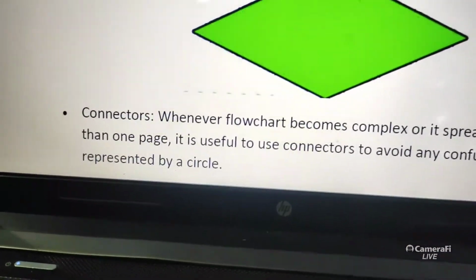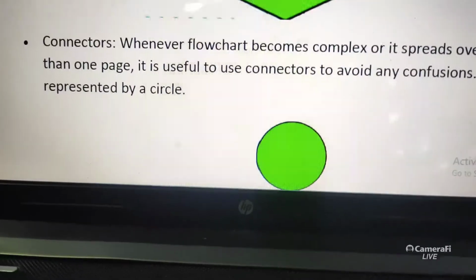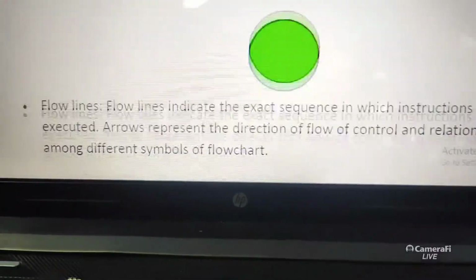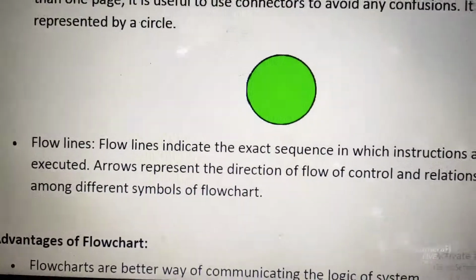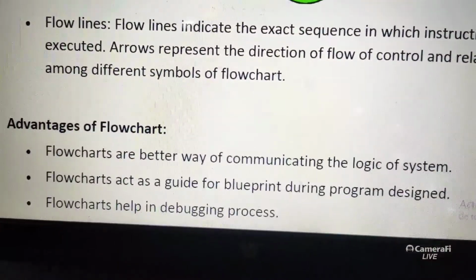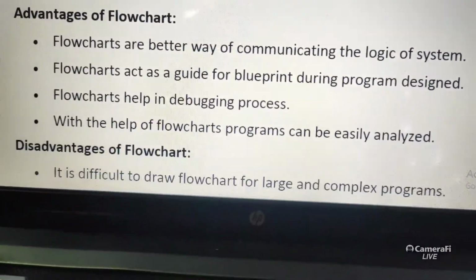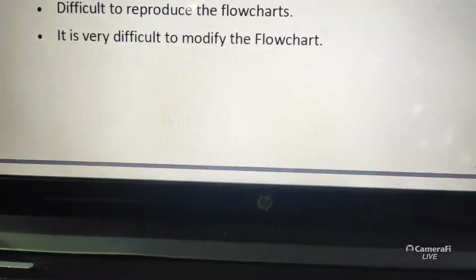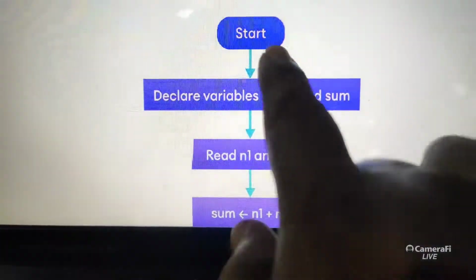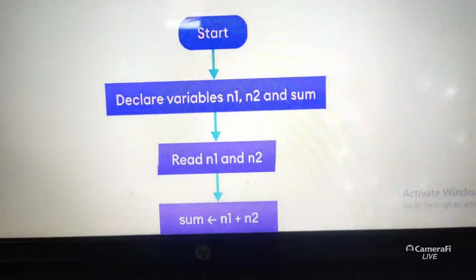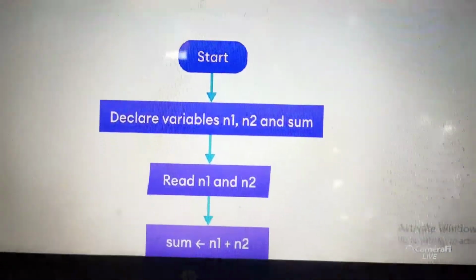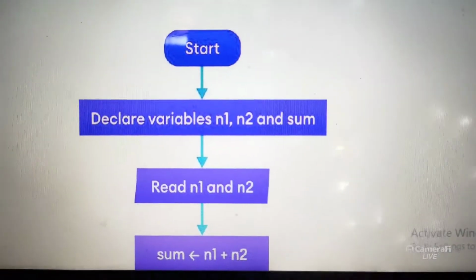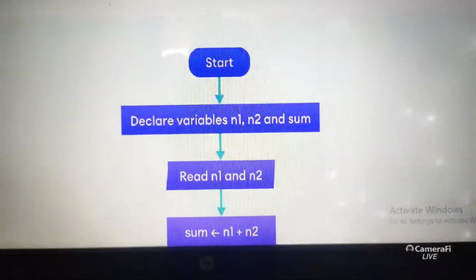When a big program is there, we could use small circles to connect the symbols, and flow lines. Flow lines means these lines, arrow marks, are nothing but flow lines. We don't require a connector here, these are small programs.